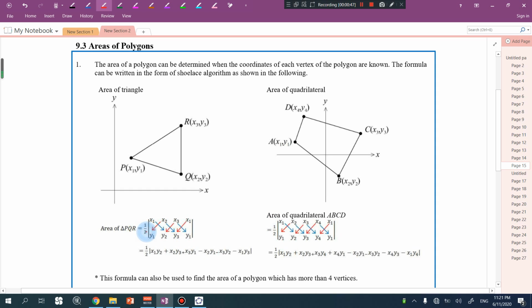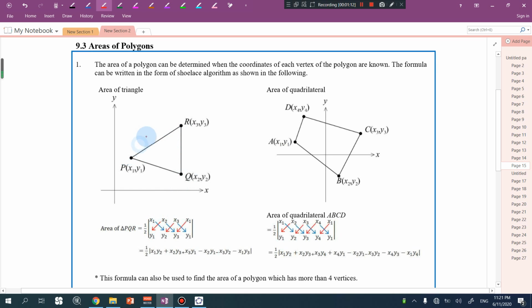This 1/2 is not only for triangles. Some students might misunderstand and think that this 1/2 is only for triangles. When we find the area of a quadrilateral or a pentagon and so on, we don't need 1/2. This is not correct. If you use this formula, always 1/2.